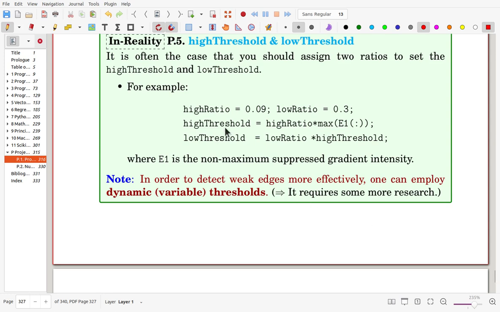Right now, this threshold is constant, static, and everywhere applied the same value, but in a dynamic threshold case, region by region, point-wisely, the high threshold and low threshold will be changing based on the intensity value.